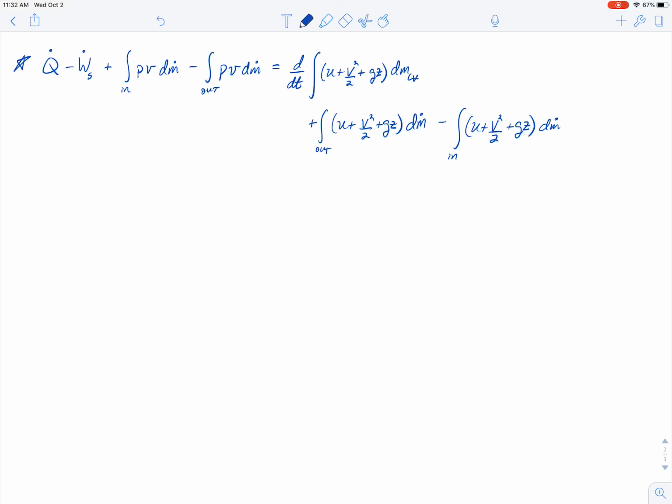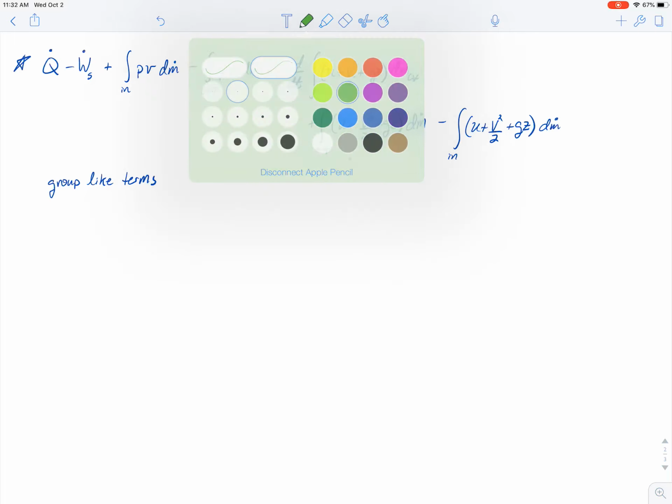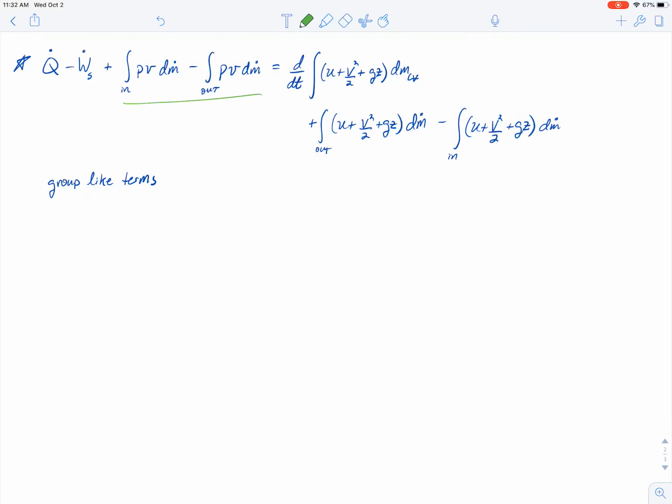Okay, let's continue to group like terms. I see on the left-hand side in my flow work, I have an integral with respect to mass flow rate across my boundaries. On the right-hand side, I also have integrals with respect to mass flow rate of energy being carried across my boundaries.